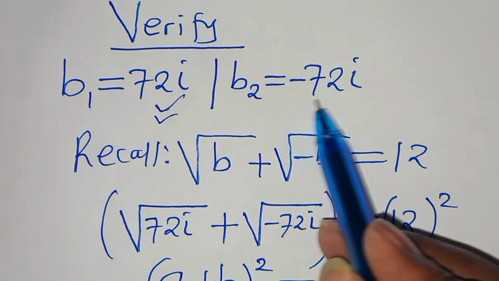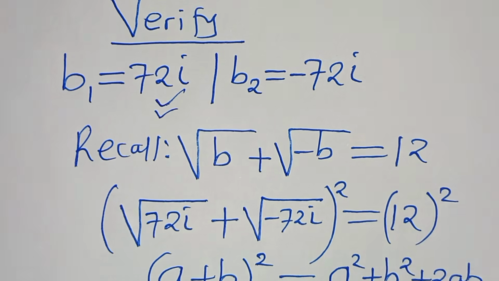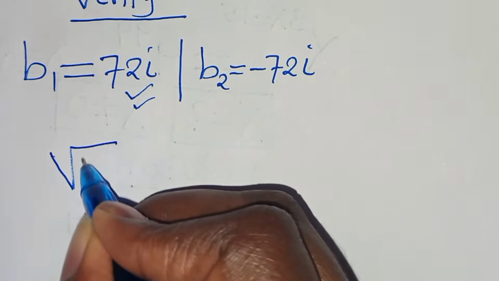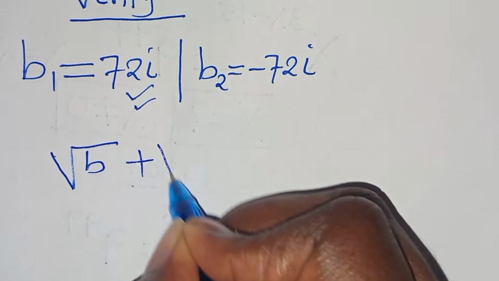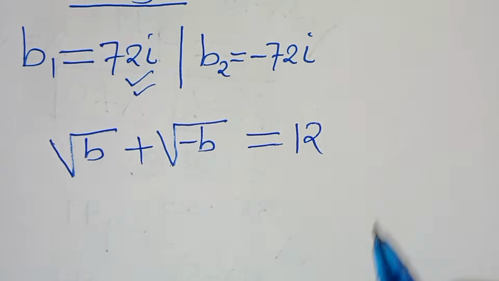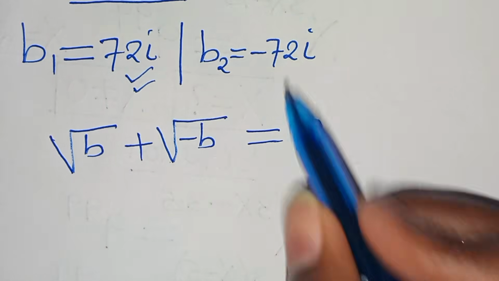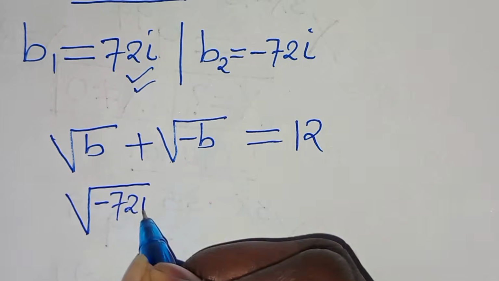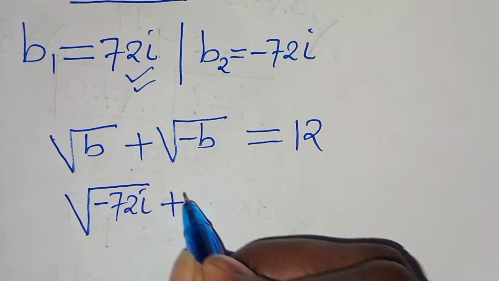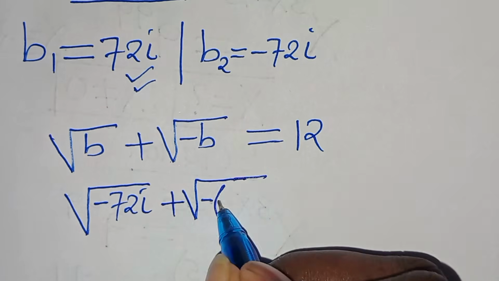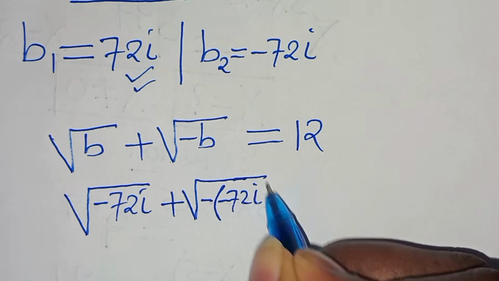So let's check b2, which is minus 72i. Now we have the square root of b plus the square root of minus b. This is equal to 12. Substituting b2, we have the square root of minus 72i, then plus the square root of minus, in the parentheses, minus 72i.